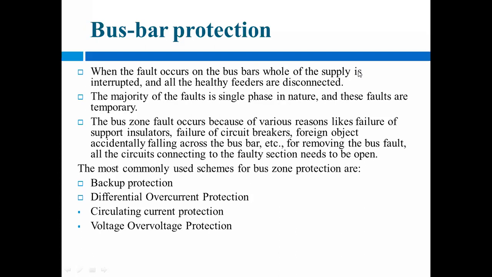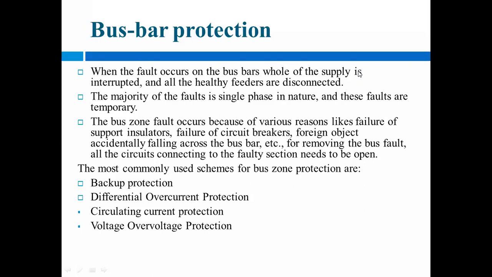Bus zone fault means what? For the bus bars also there are zones. This bus zone fault occurs because of various reasons, like failure of support insulators, then failure of circuit breakers, then a foreign object accidentally falling across the bus bar.